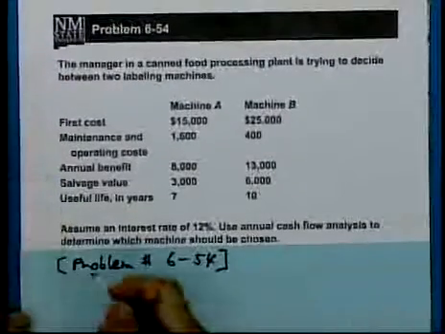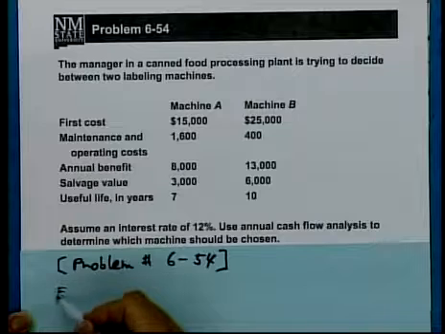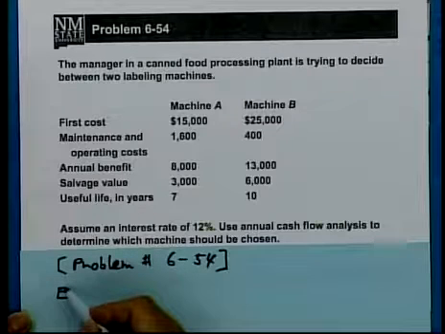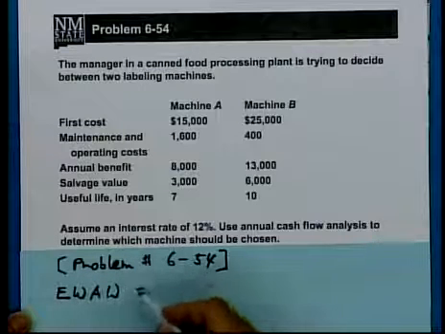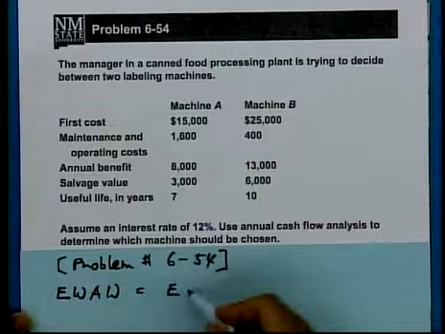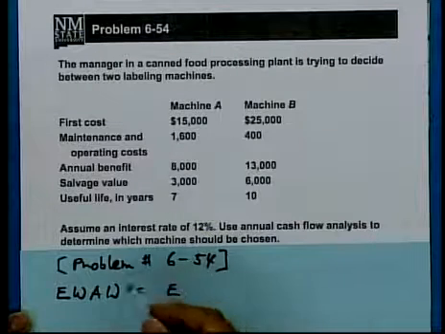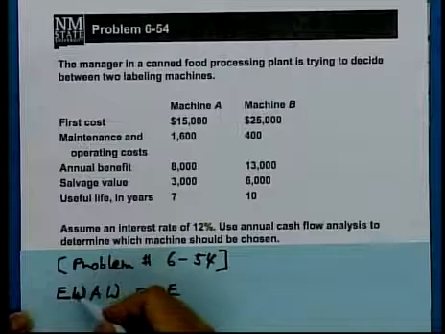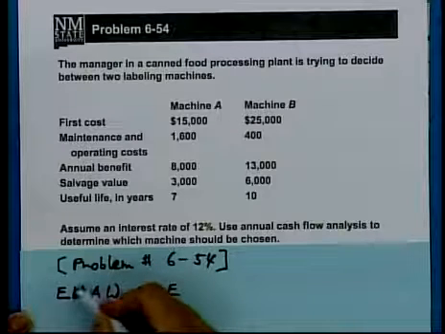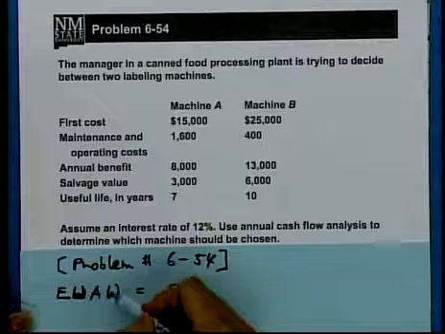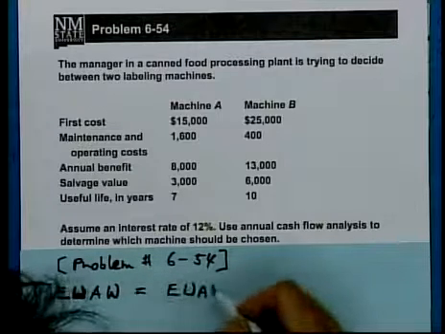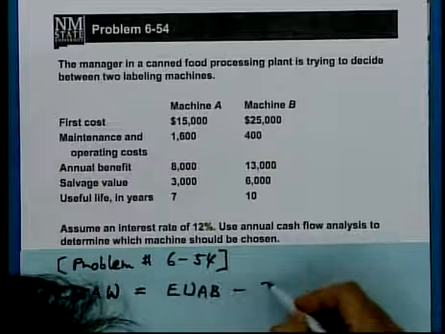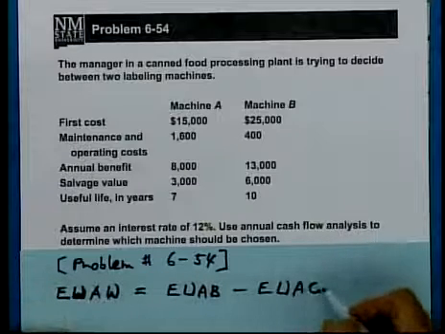So again, we are going to use the criterion, which is to maximize the equivalent uniform annual worth, which can be computed by equivalent uniform annual benefit minus equivalent uniform annual cost. Okay?